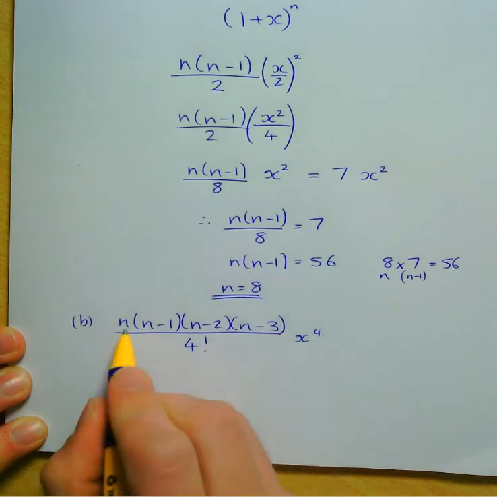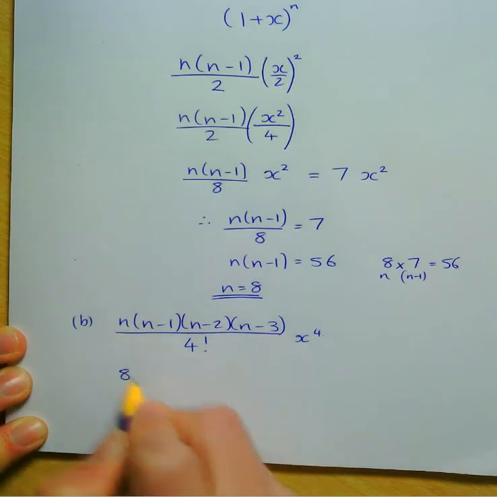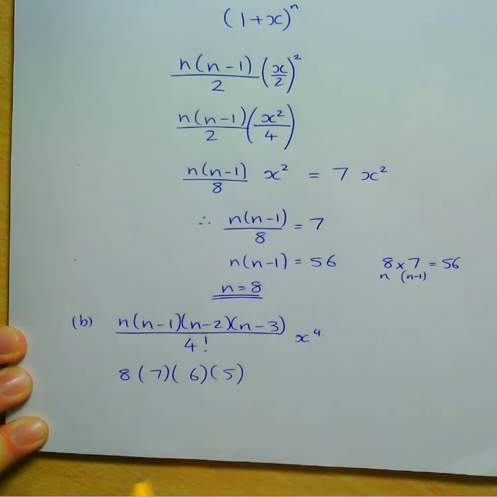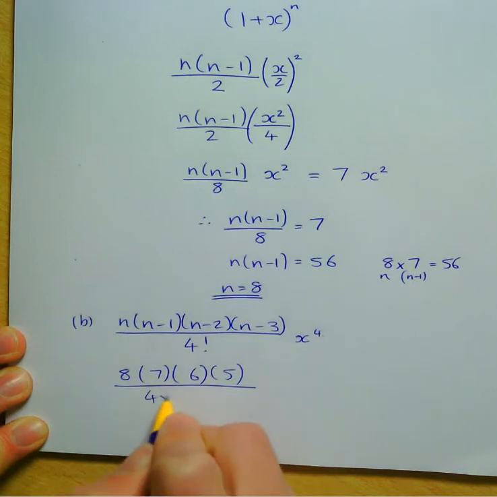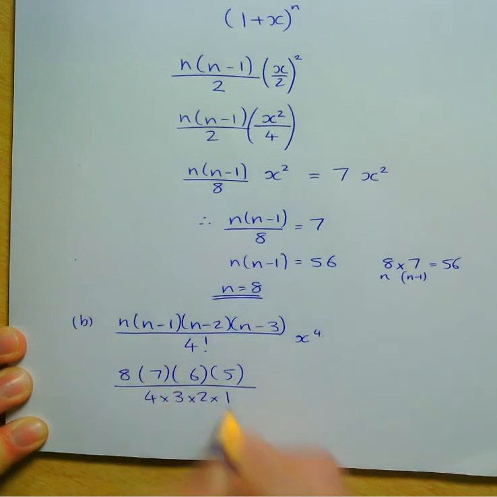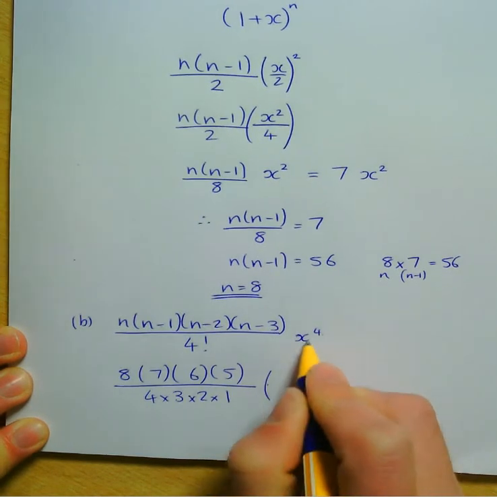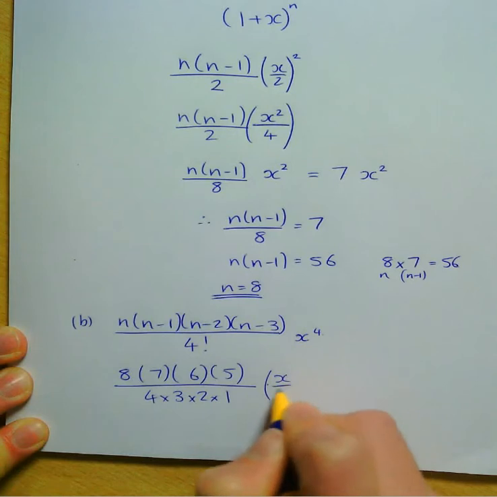Okay, but we now know what n is, so this is really easy. So 8, well that's going to be 7, that's 6, that's 5. Right, so what is 4 factorial? So 4 factorial is 4 times 3 times 2 times 1. So what we could do here, and our x, don't forget, our x is x over 2.